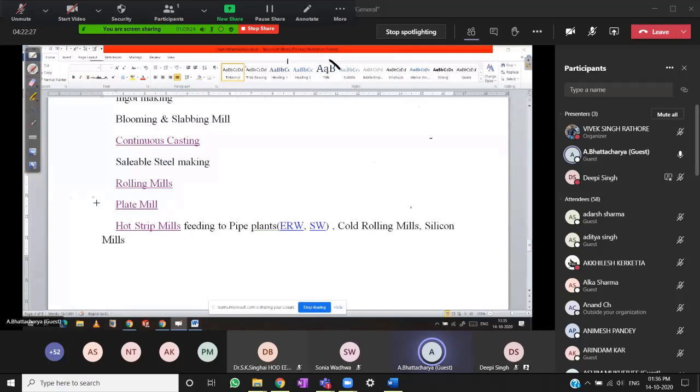From plate mill, you get plates. Now these coils are fed to pipe plants for making pipes. So from these pipe plants, you get pipe. So I'll show you how you are getting this.